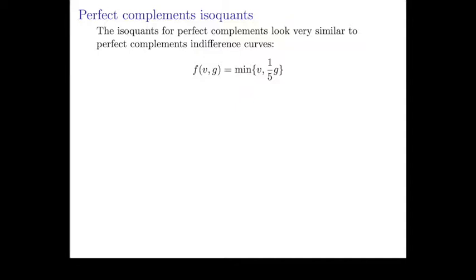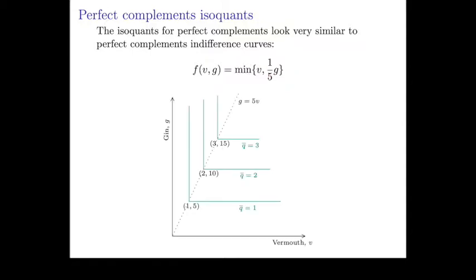So let's draw the isoquants for our martini maker. Look at this dotted line. This dotted line follows the equation G equals 5 times V. So along this dotted line, V and G over 5 are going to be equal to one another.